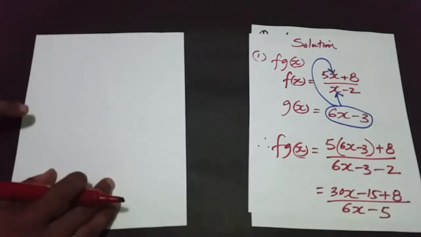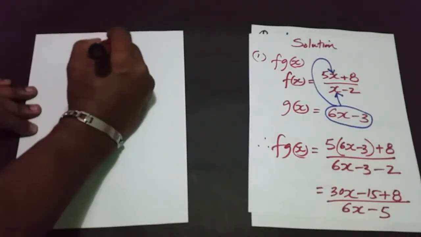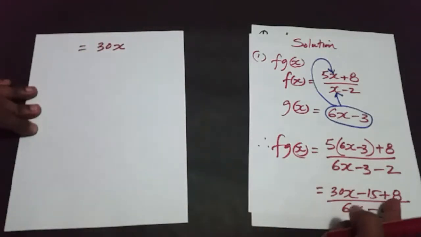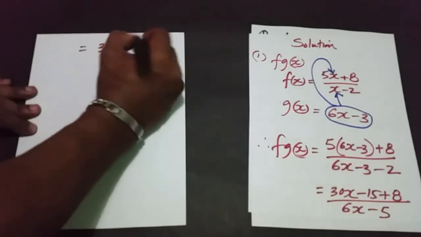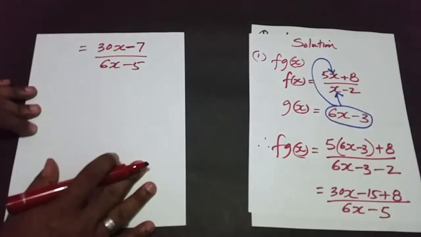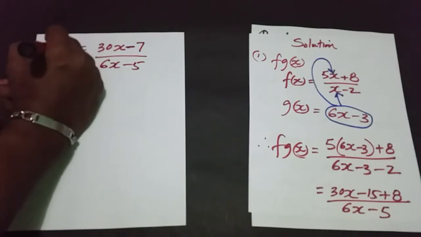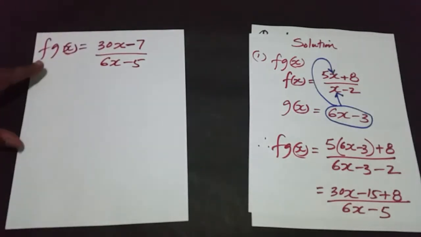We're going to simply note that we have 30x, and you have $8 at home, and you owe 15. The person is coming for it, you have to give them the 8, and you still owe them 7. So that would be your answer there, and that is exactly what f of g of x is equal to. And that will be the final answer for part 1.